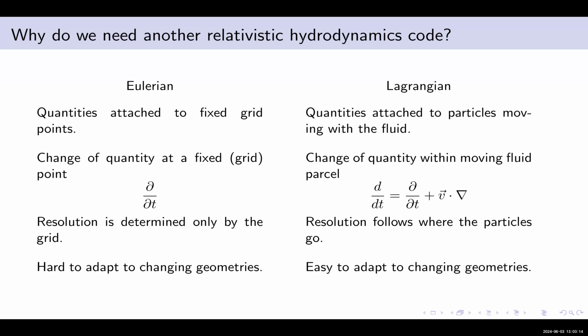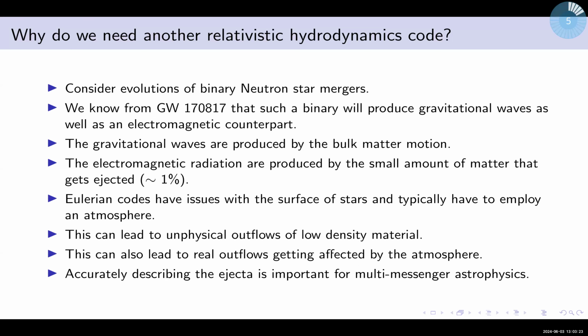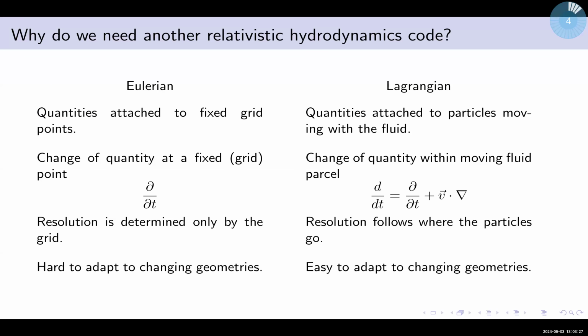So, as I said, this is based on particle methods, so it's a Lagrangian code. Most other relativistic hydrodynamics codes are Eulerian, where quantities are attached to fixed grid points, and the change of a quantity at a fixed grid point is just given by the partial derivative in time.